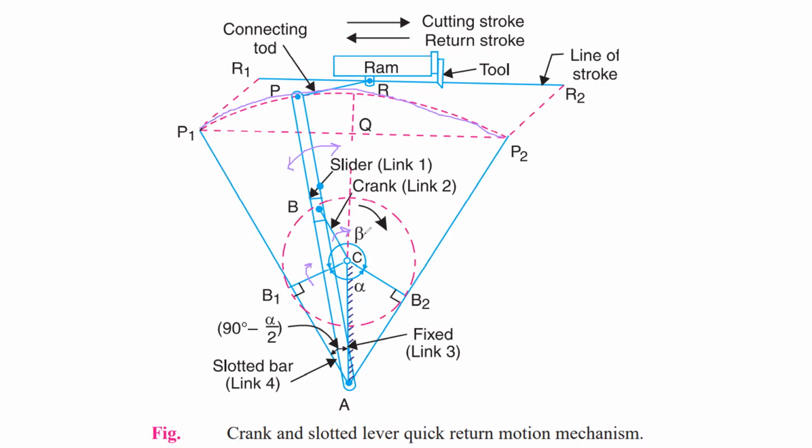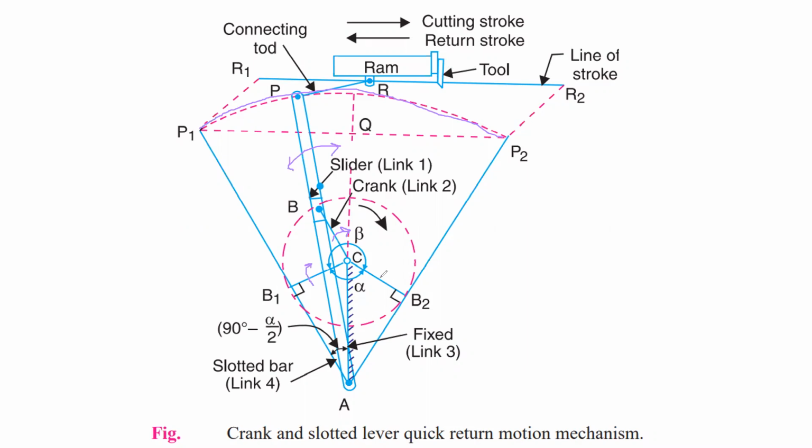So through angle beta, the forward stroke of the tool takes place. This forward movement of the tool can be used for the cutting operation. During the forward stroke, you perform the cutting operation.